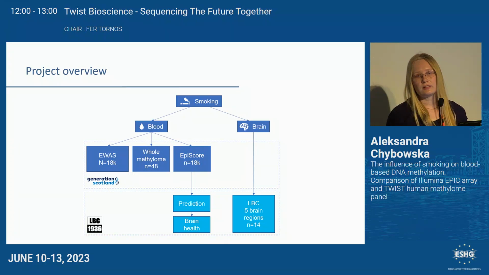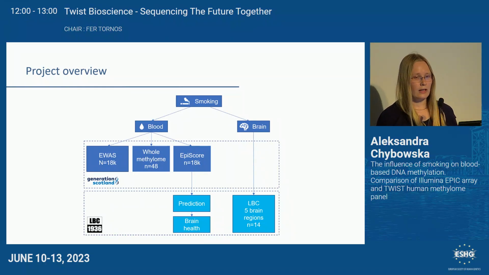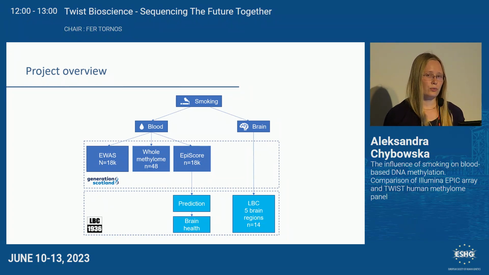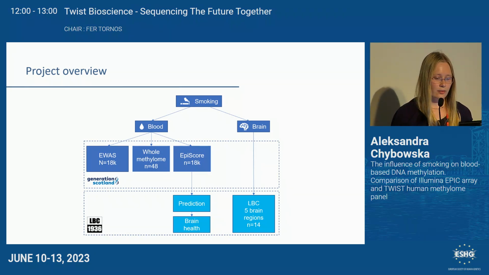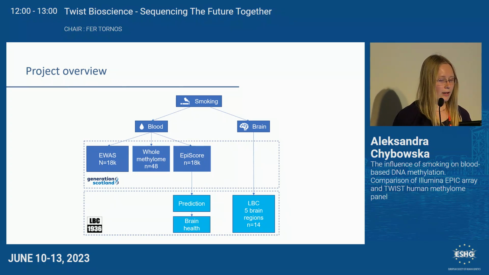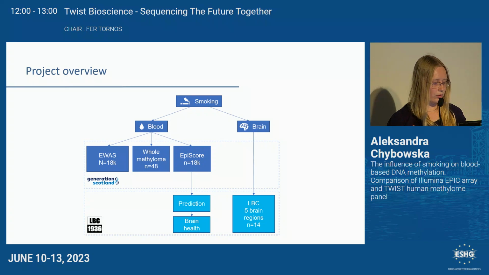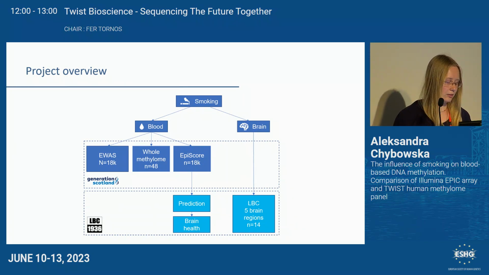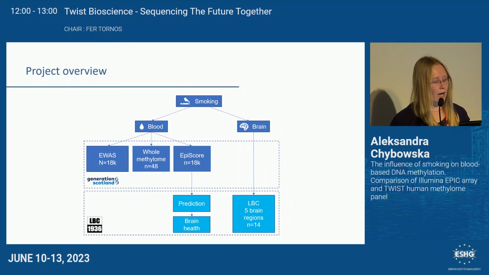Next, I extended this analysis by using the Twist kit to look at sequencing data of 24 pairs of smokers and non-smokers from Generation Scotland, and I will soon focus on that part of the experimental setup. And when that was done, I developed an epigenetic score for smoking. I tested it in Lothian Birth cohort, related it to brain health outcomes, and also I compared methylation signatures from brain and from the blood to see if my findings translate across tissues.